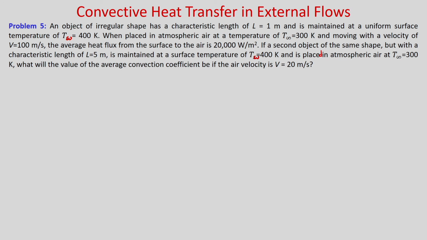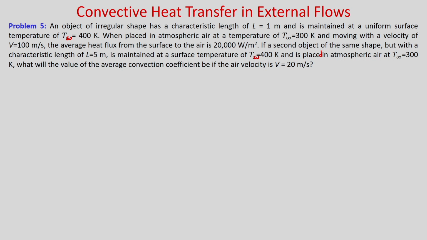So, you have two irregular shapes. If those are geometrically similar, then you will be able to equate the non-dimensional numbers, Reynolds number and Nusselt number. So, let us take this irregular shape, let us say case 1.